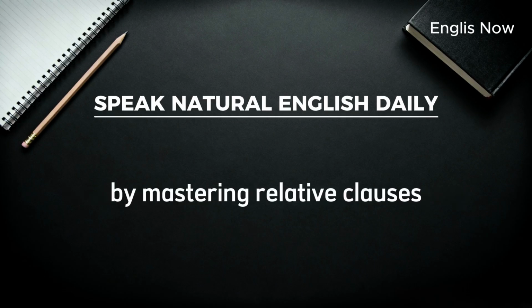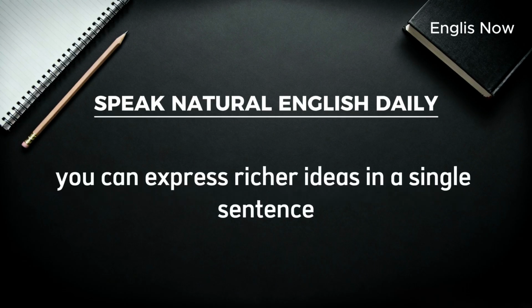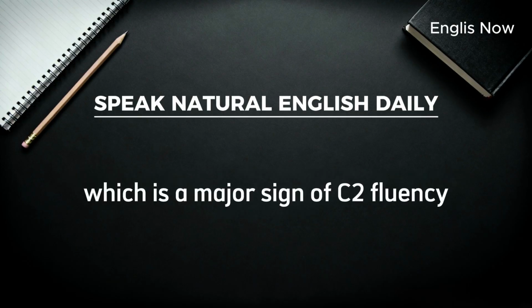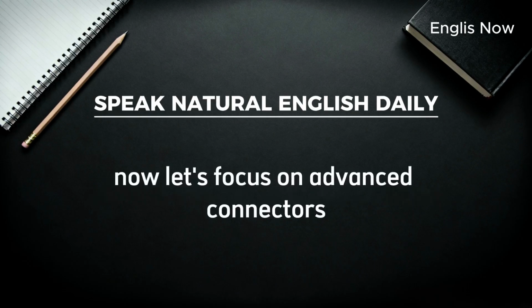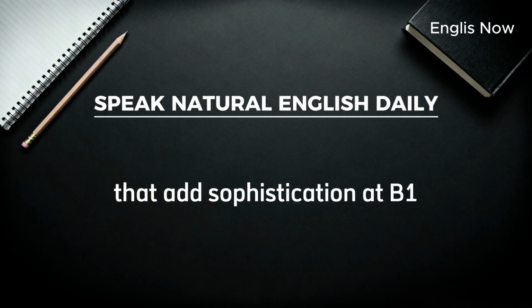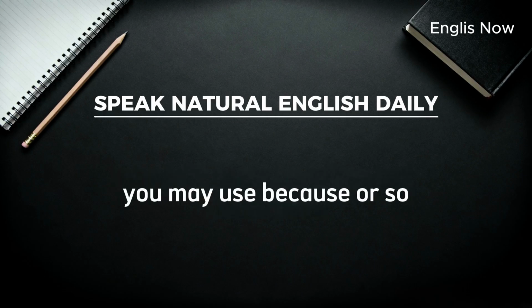By mastering relative clauses, you can express richer ideas in a single sentence, which is a major sign of C2 fluency. Now, let's focus on advanced connectors that add sophistication. At B1, you may use because or so.